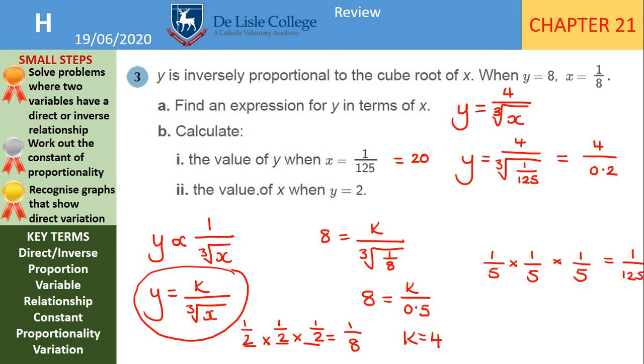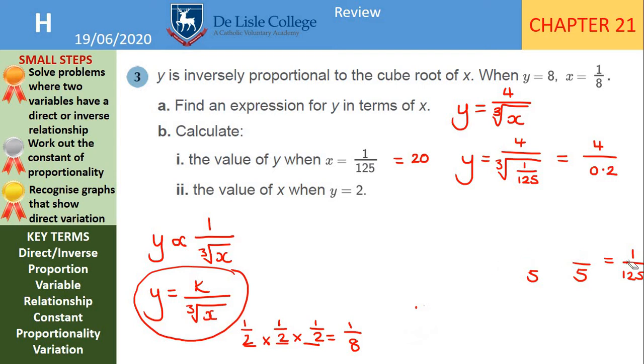For part 2, the value of x when y equals 2. Let's just get rid of a little bit of working out, so I've got a bit of space. Going back to my formula, the one with k in, if y is 2, I've got 4 divided by the cube root of x. Where would I go from here?